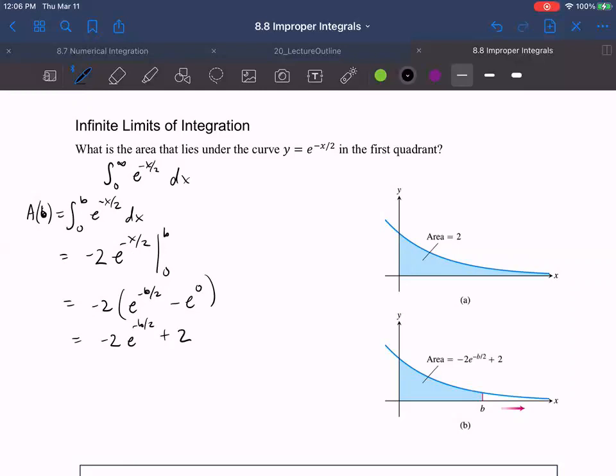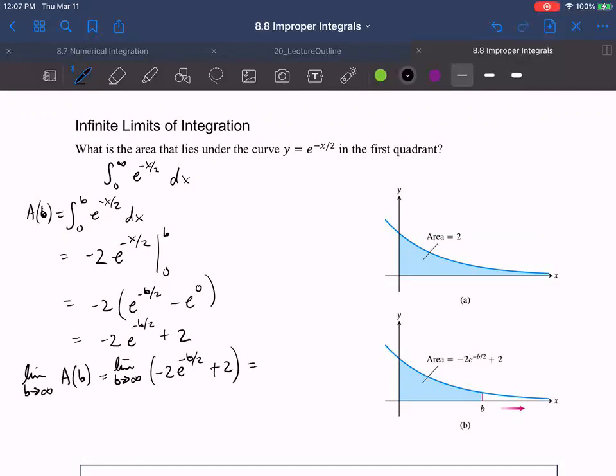And then to get our original integral, we can take the limit as b goes to infinity of this different version we've done here, which will be our limit as b goes to infinity of negative 2e to the negative b over 2 plus 2. As b goes to infinity, e to the negative infinity is what? Goes to 0.